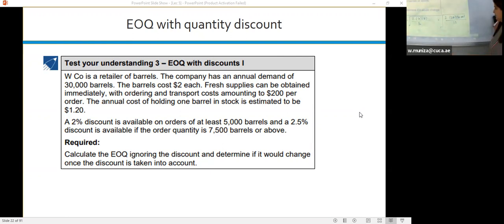Have you used the same formula? So EOQ is 3162.